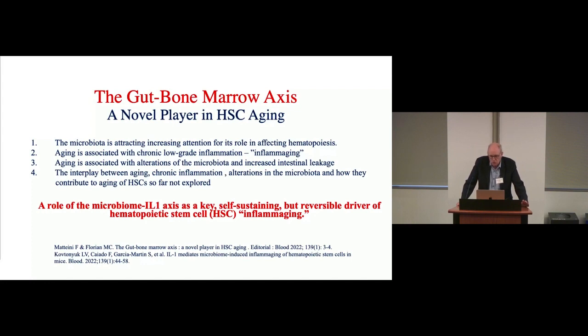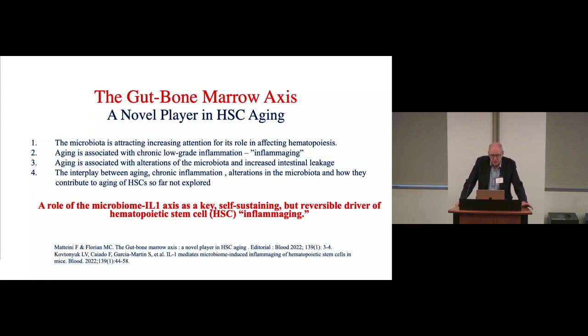And aging is also associated with alterations of the microbiota and increased intestinal leakage. And this interplay between aging, chronic inflammation, alterations in the microbiota, and how they contribute to aging of hematopoietic stem cells, we do not know much about it, but this is to be explored in the future.